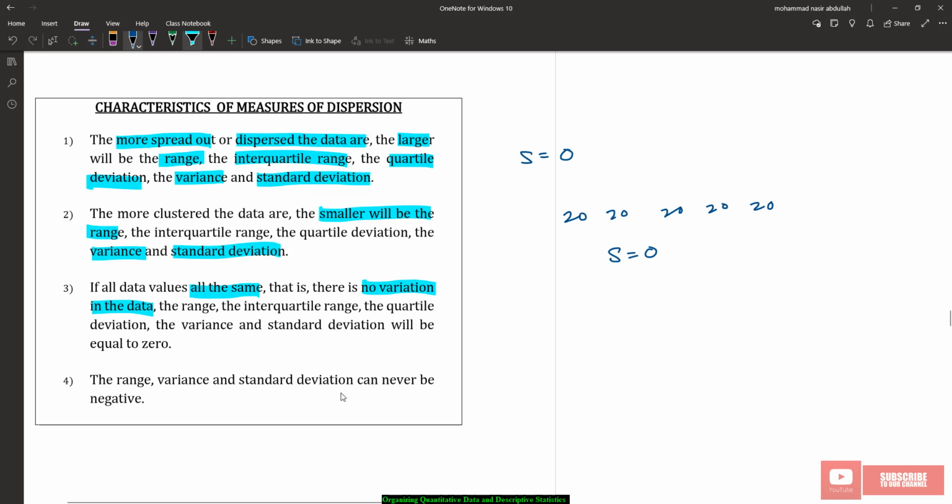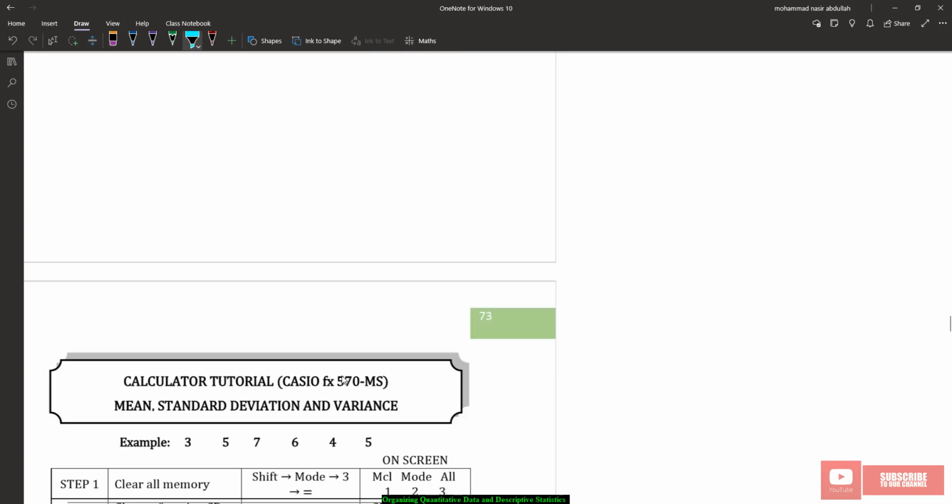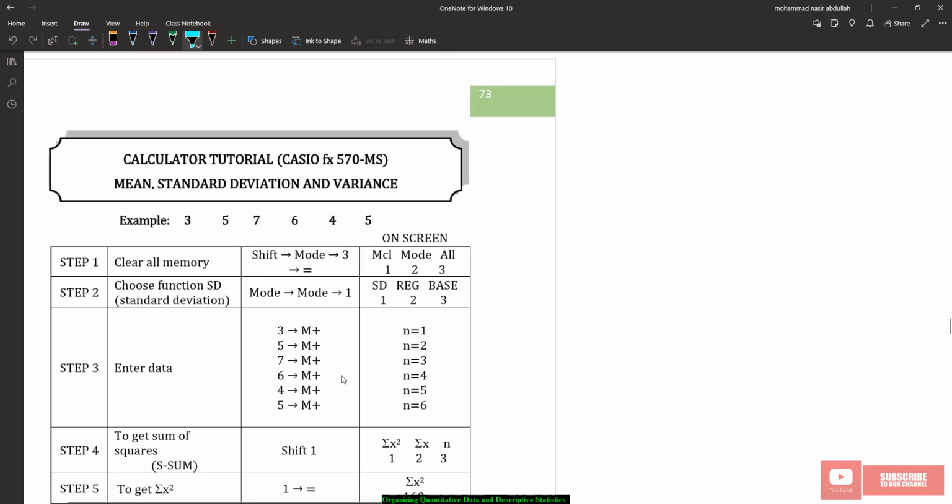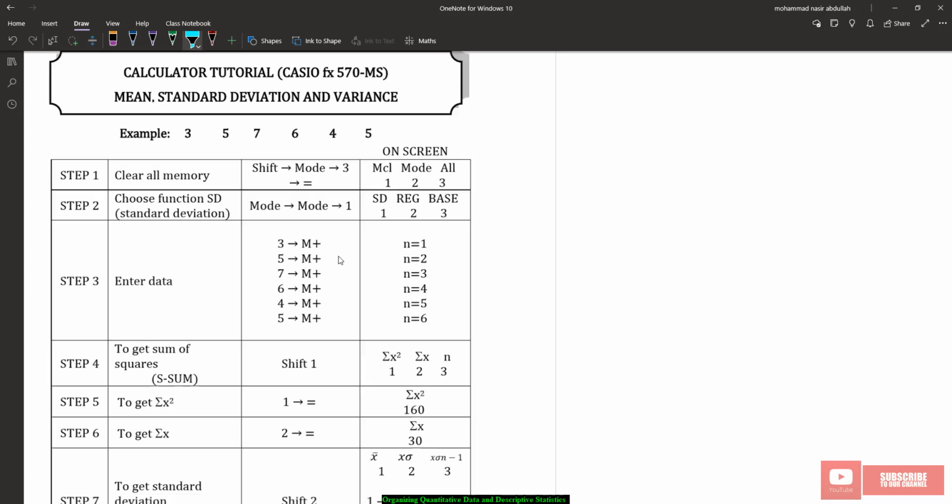And the last characteristic of measure of dispersion, standard deviation and range can never be negative. It can only take positive values, right? So on page number 73, if you tak beli calculator ES, you can use this step lah.